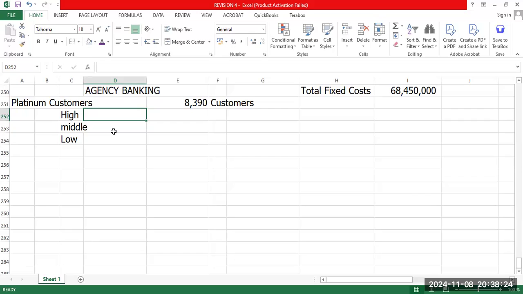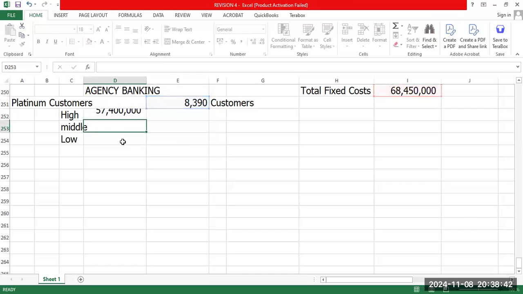Now I can get my total revenue 50 minus high direct cost 35, then times my number of customers minus fixed costs.